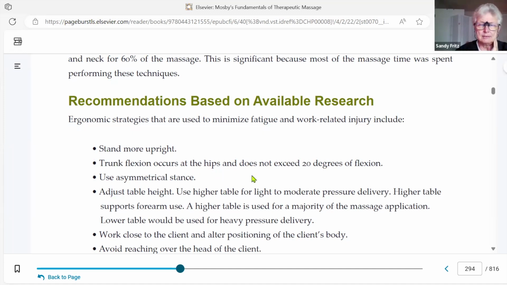Also, you're going to see a problem with some yoga type stances or martial arts type stances. In the past they tried to incorporate that into massage therapy body mechanics, and it really hasn't worked.